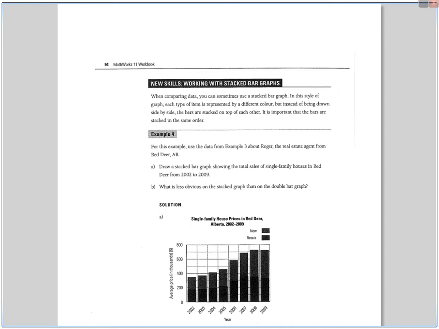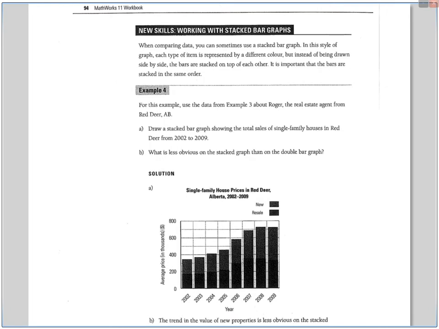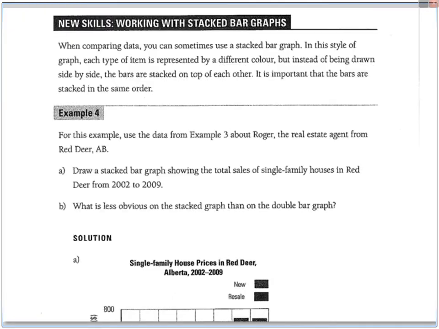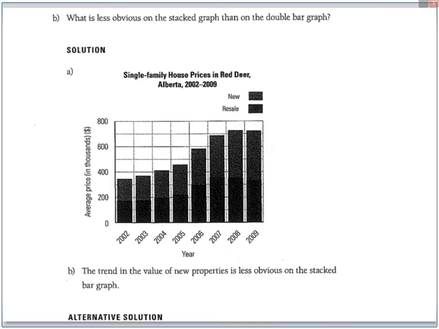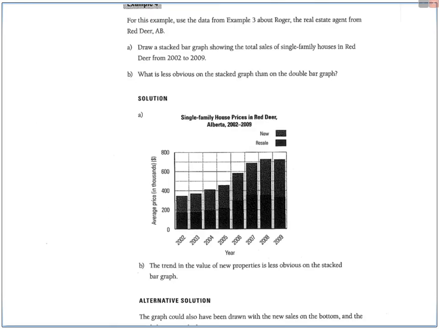Alright, the next one here is the stacked bar graph. So the stacked bar graph is exactly what the title conveys. If the two bars are stacked on top of each other, then it's a stacked bar graph. Okay, so here's an example of a real estate agent question. And I think we did this question earlier. It was a double bar graph from last day.